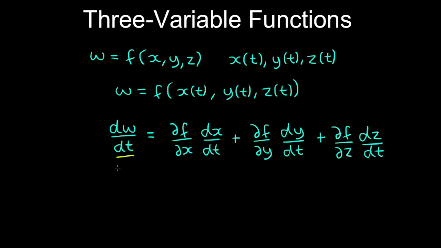If this derivative is evaluated at t0, then our partial derivatives are evaluated at a point with coordinates x at t0, y at t0, and z at t0. Noting the ordinary derivatives are evaluated at t0, because x, y, and z are functions of t.